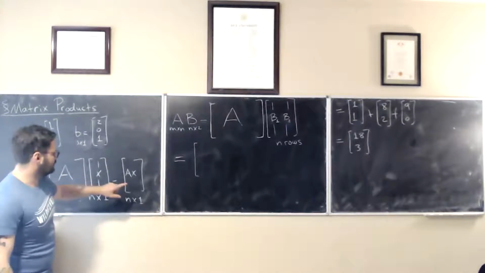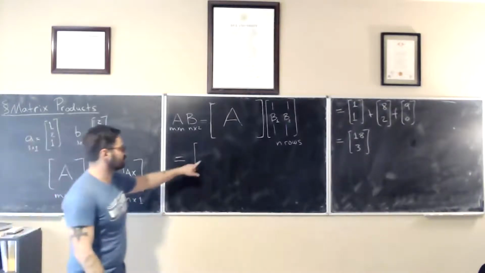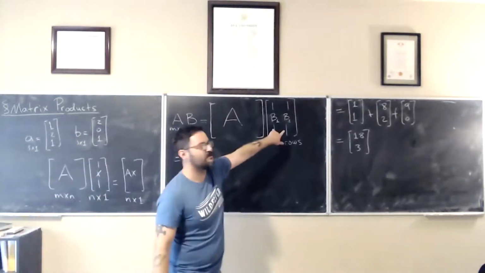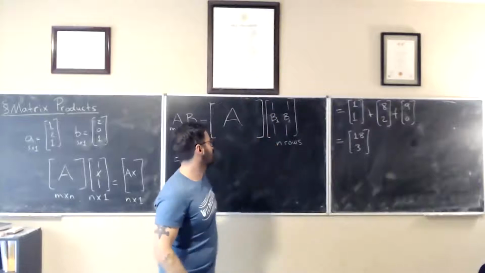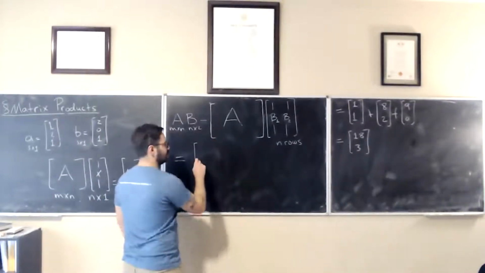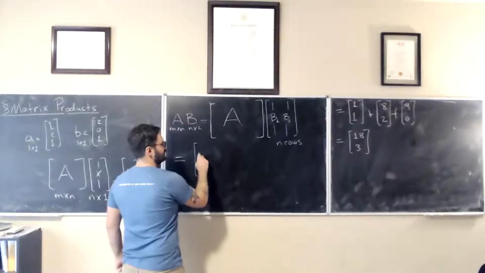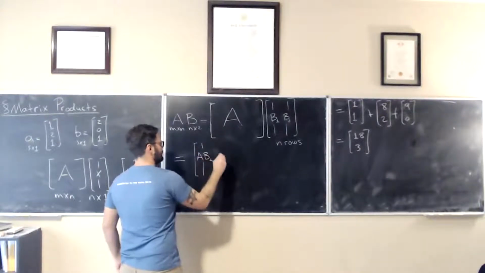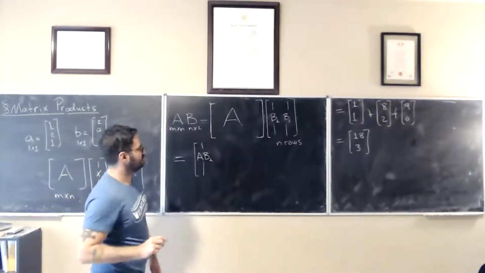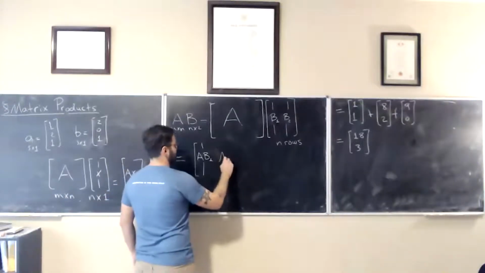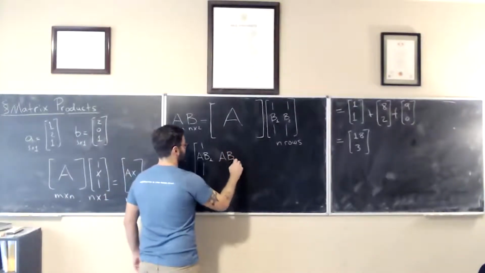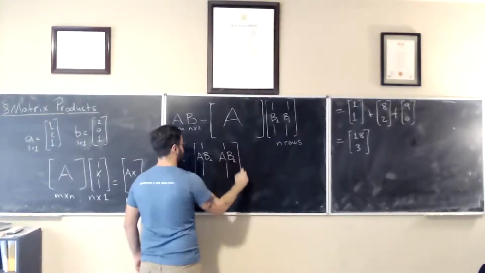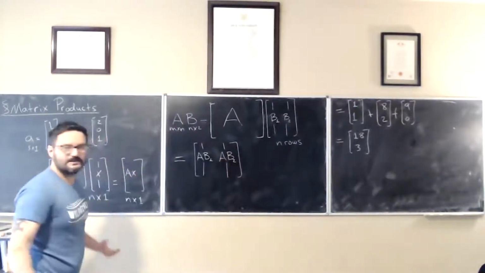A times X gave you the first column here. So what's the first column going to be here if there's two? AB1. Exactly. So say it exactly. A times B1. How do you get the second column? A times B2. Exactly. That's it.